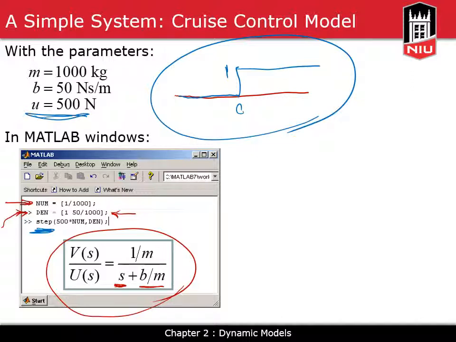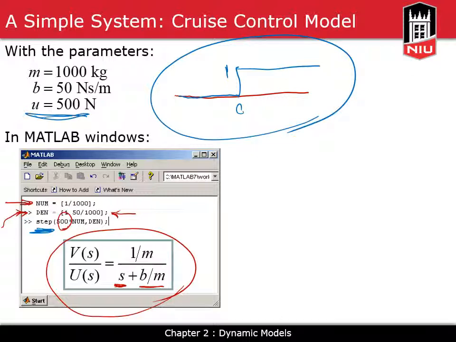So in order to find the step response, we have to multiply our transfer function by 500. That is why you see this 500 getting multiplied in the front here. If we wanted to find the response to a unit step input, we would not put that 500 there.